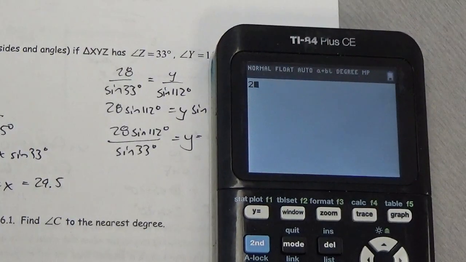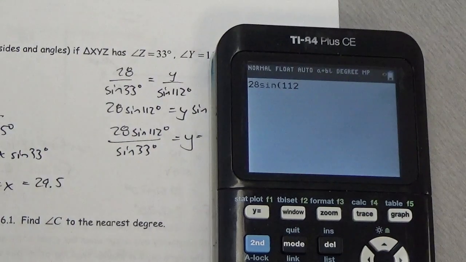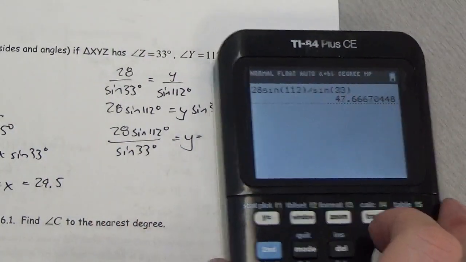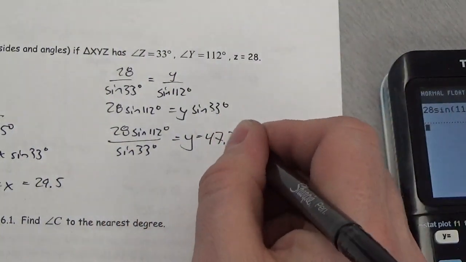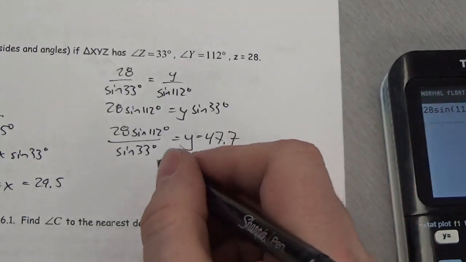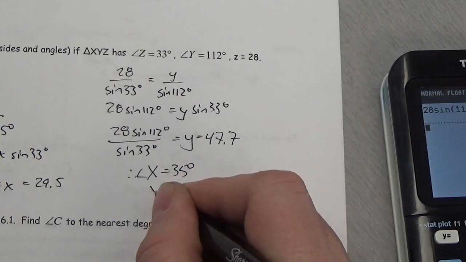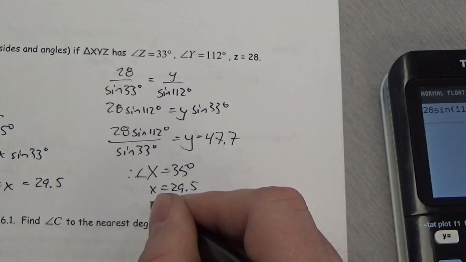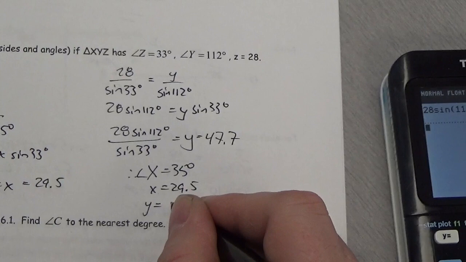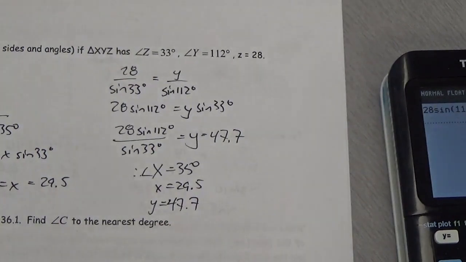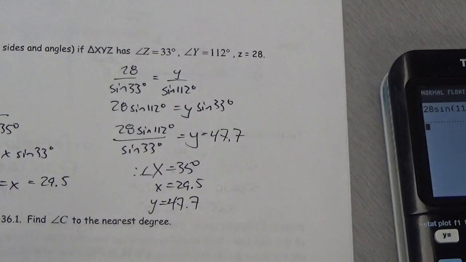So 28 sine of 112 divided by the sine of 33, and to the nearest tenth, 47.7. Okay, so therefore, angle x is 35 degrees, little x is 29.5, and little y is going to equal 47.7. And so now we've solved the triangle. Again, notice that there was no ambiguous case here because we weren't looking for the angle in that question.